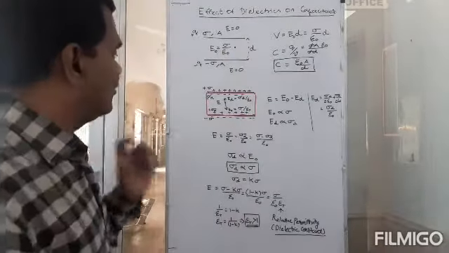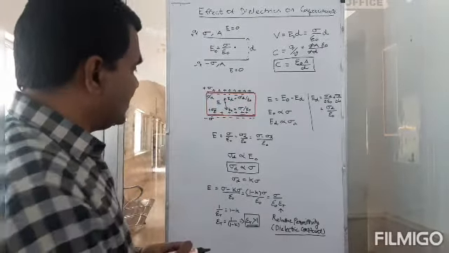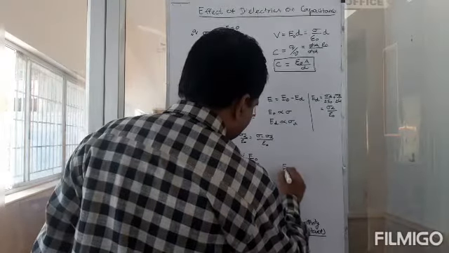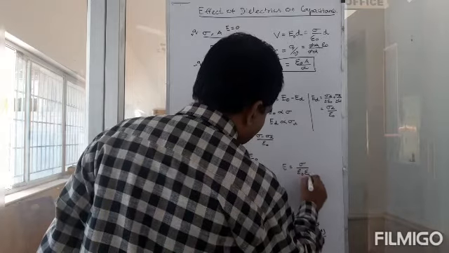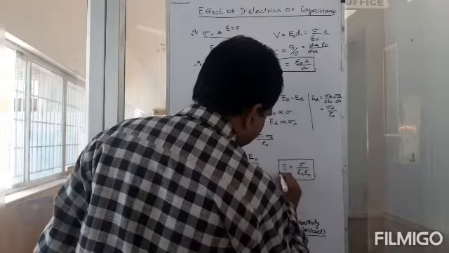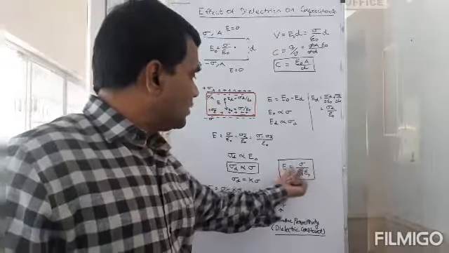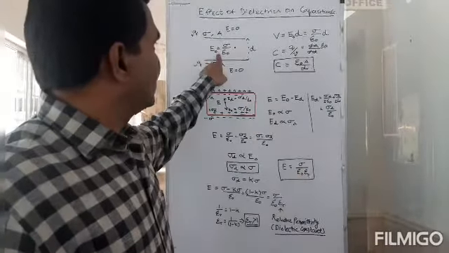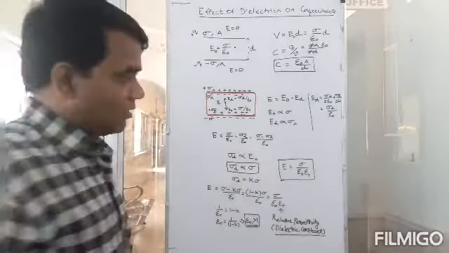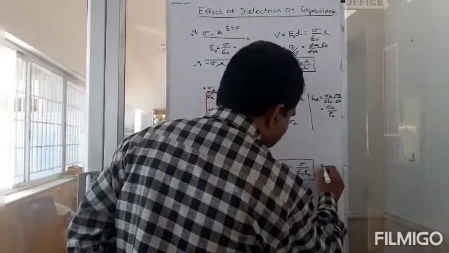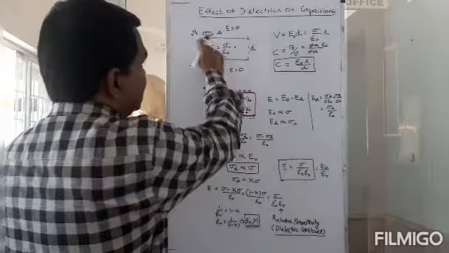But because you have the dielectric substance between the two plates, now the same E has become sigma by epsilon naught into epsilon R. This is a number greater than 1, so E will be smaller than E naught, because you take E naught and divide it by epsilon R. Sigma by epsilon naught is actually E naught.